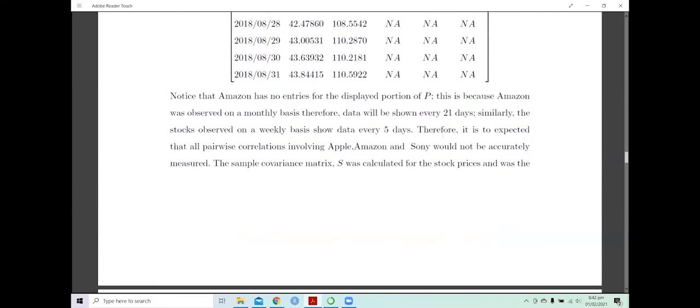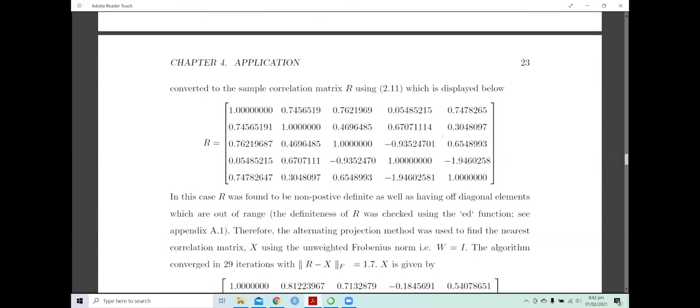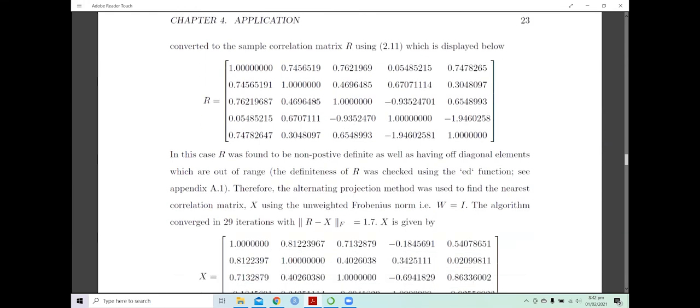But if we calculate the correlation matrix for this, you'll see that it's non-positive definite, which means that somewhere there's a negative eigenvalue. You can see here there's a value lower than -1, almost -2. So this is not a correlation matrix.